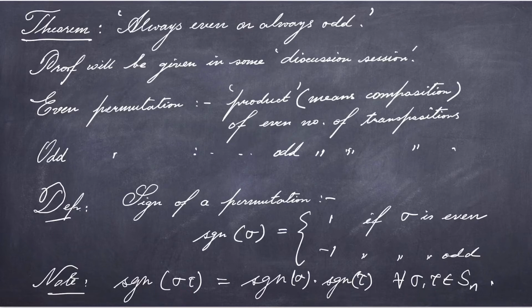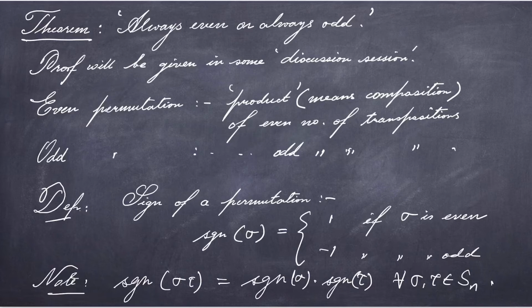times the sign of tau. It's very easy to see that, let's say if one of them is odd and another one is even, then the product is immediately seen to be a product of an odd number of transpositions. Therefore the sign on the left hand side will be -1. And if you come here, since one of them is odd and another is even, the right hand side is also -1.